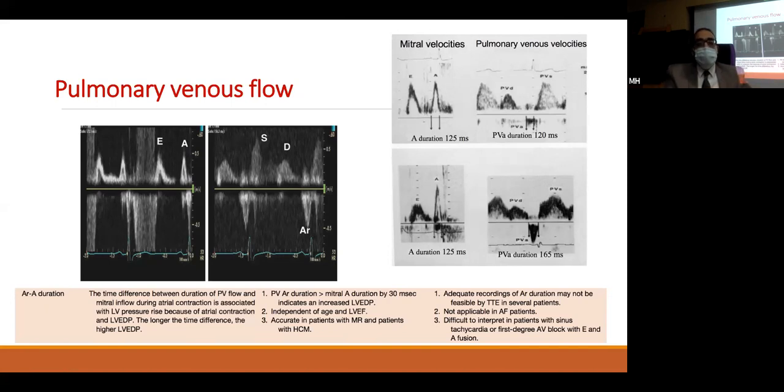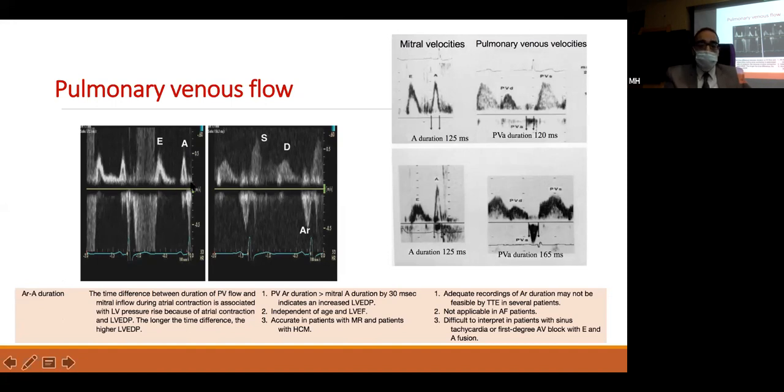You can depend on the S/D ratio, but the most specific variable among all the pulmonary venous flow variables that can be used to diagnose diastolic dysfunction is the difference between the atrial reversal duration and the A velocity duration.